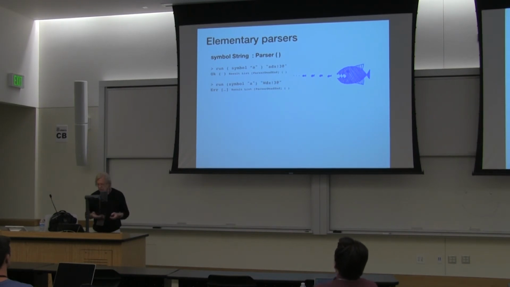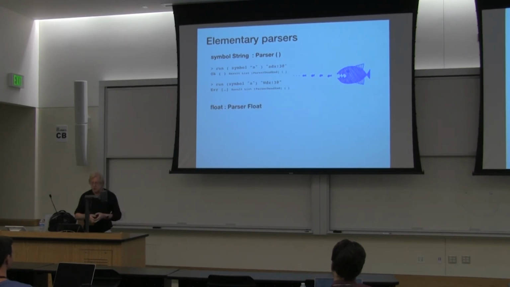On the other hand, if I run it on the string WDX, it fails and it gives me a list of parser error messages. If you get into the technical stuff, the return value of running a parser on a string is a result type, and it's either a list of parser errors or it's a value of the kind that you were seeking.